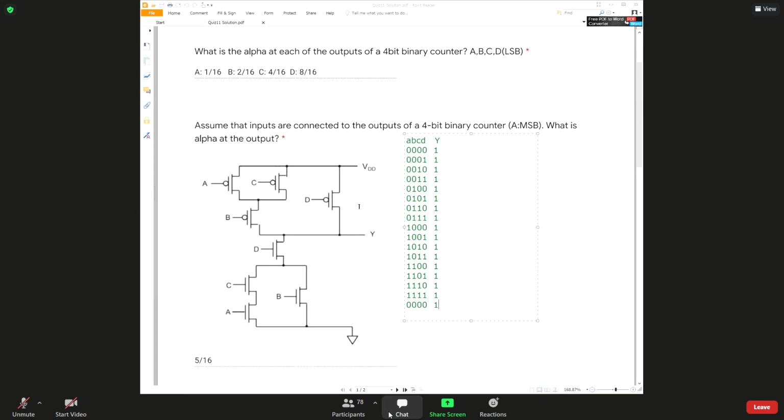So 0, 1, 0, 1 should be 0. Yeah, well, let's do it this way. What is the expression for Y in terms of A, B, C, D? D and AC or B in parentheses and the whole thing with a not.